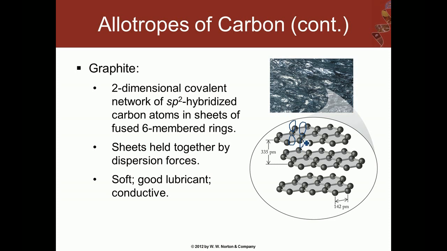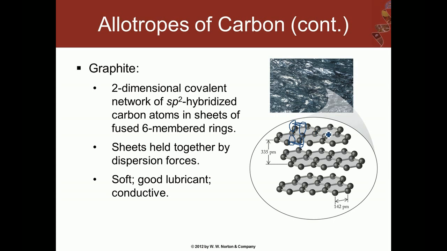So what's going on here is we're getting side-to-side overlap of these p orbitals, the electrons in those p orbitals. In fact this can happen all the way around these rings. So we say that the electrons in those p orbitals that form pi bonds are now delocalized along these rings. So you're actually sharing some more electrons with all the other carbon atoms delocalized along these rings.